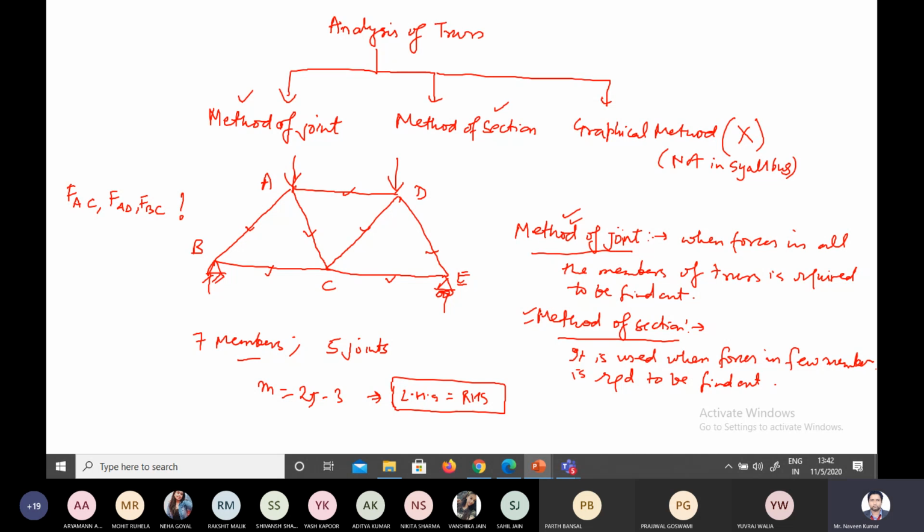made up of several straight members which are bolted or welded together to form a network of triangles.